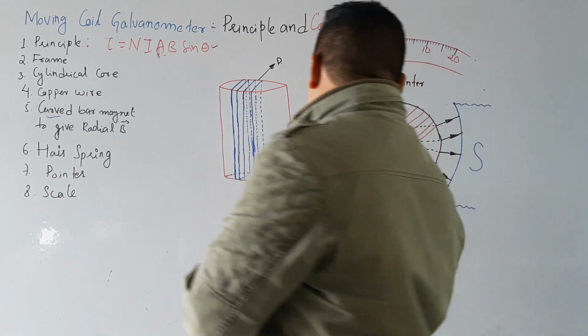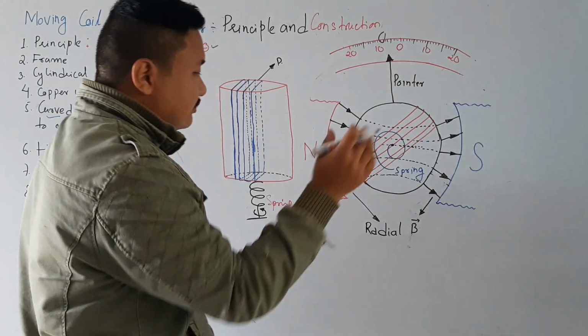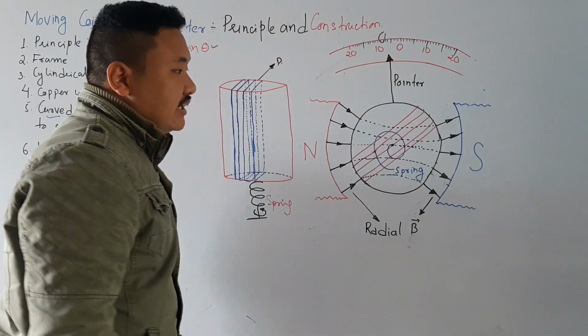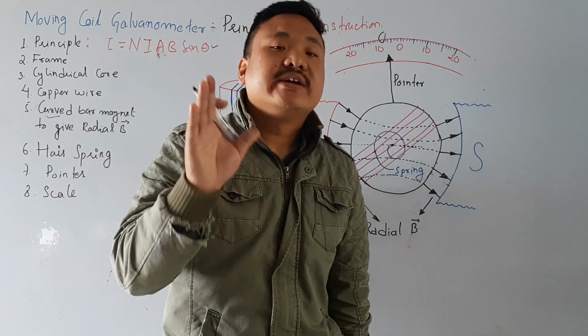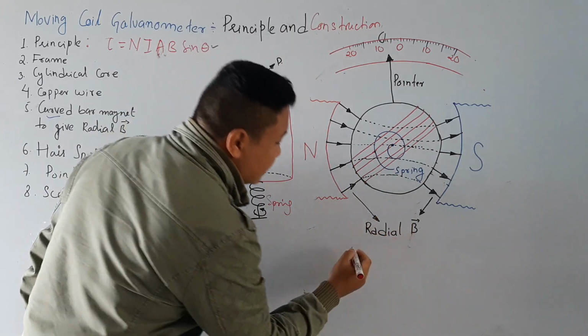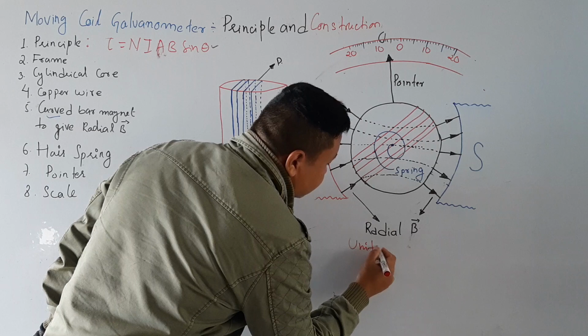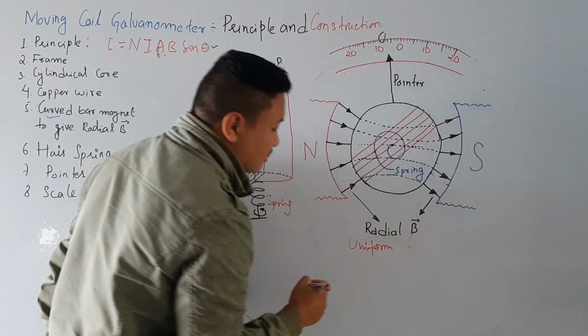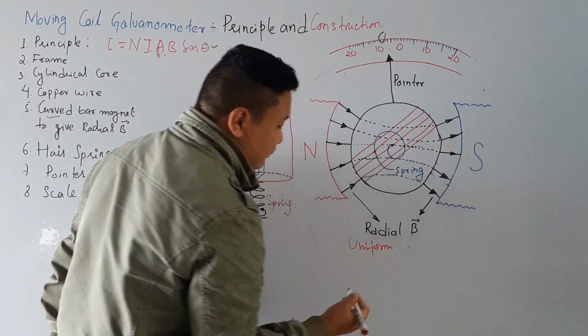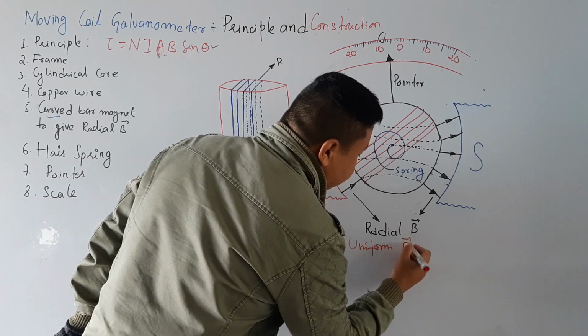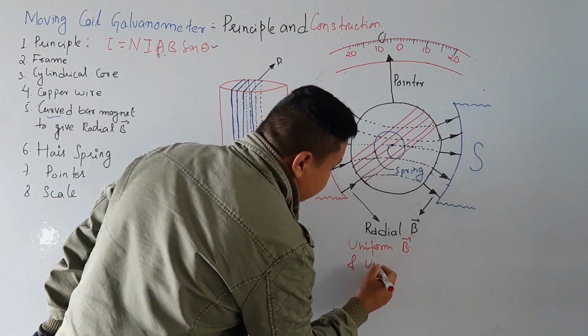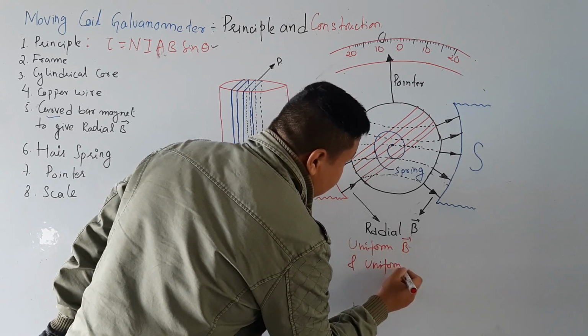It should be radial to give a uniform magnetic field, which is very important. It was asked this time also, in the 2020 examination: uniform magnetic field and hence uniform torque.